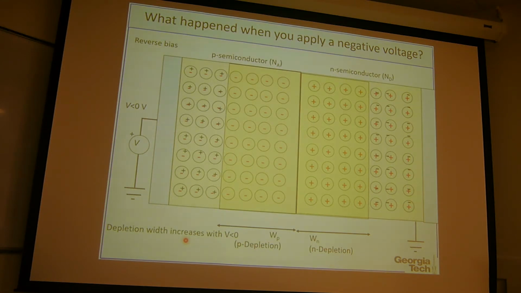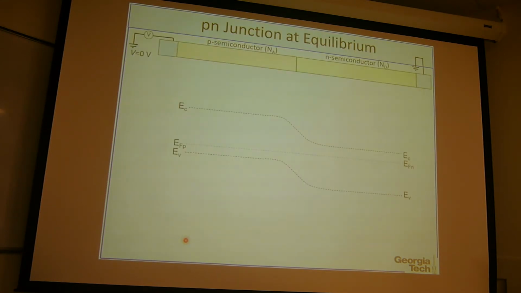This is just opposite to the positive voltage case. And let's still look at this from the band model point of view. It's easier to understand from the band model. Now this is at equilibrium. And then we apply negative voltage. Again, this N side is grounded, it's the reference. That means the N side will not move.